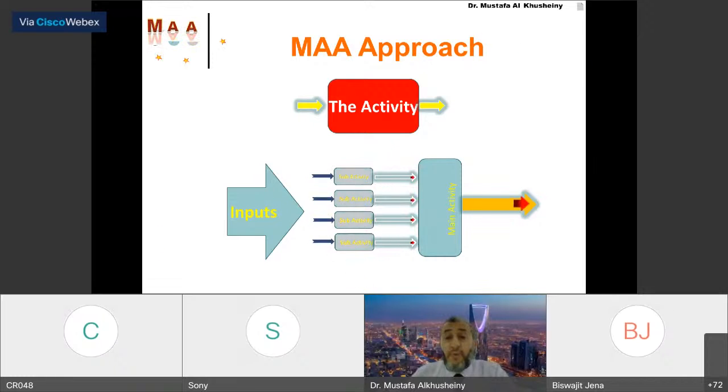initiates with analyzing any organization and getting all the activities which are used in that organization, either the management, the technical, or the core, the main, the secondary, and so on.